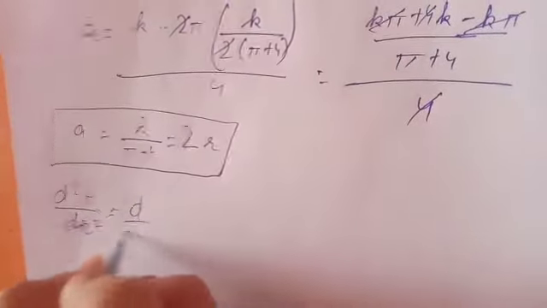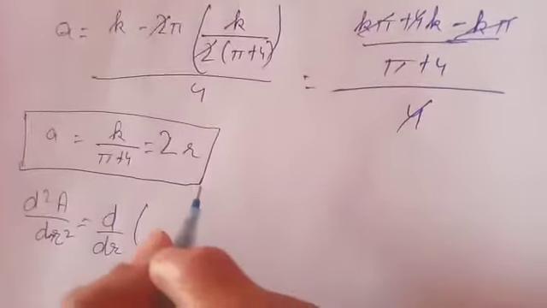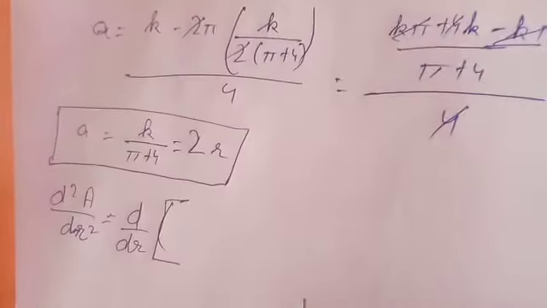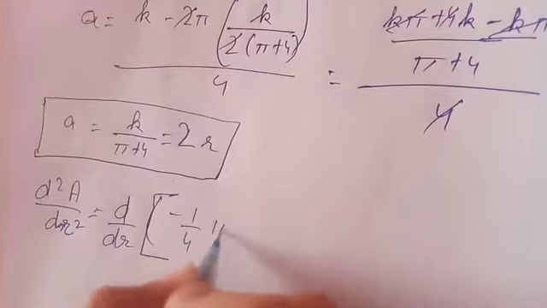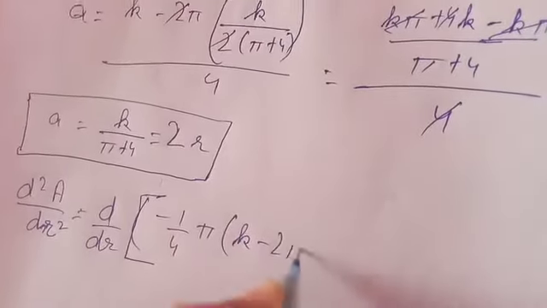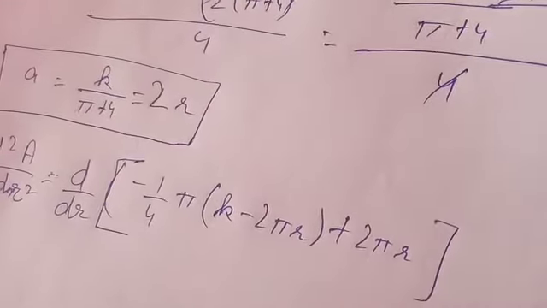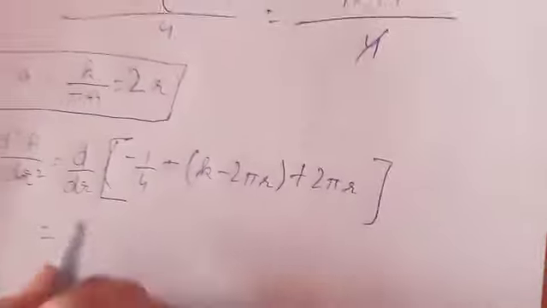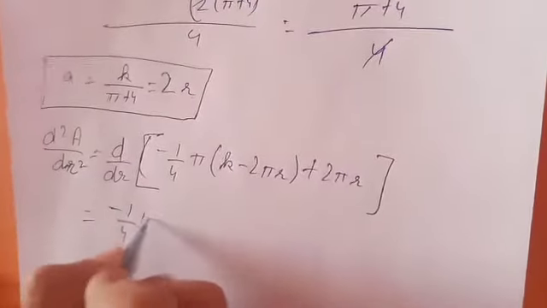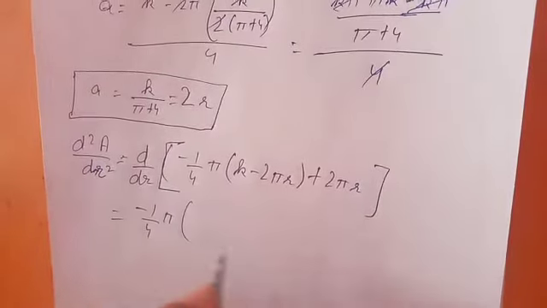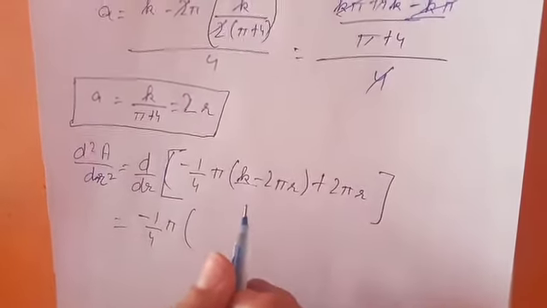That will be d by dr of our first derivative, and our first derivative was minus 1 by 4 pi (k minus 2 pi r) plus 2 pi r. Its differentiation will be minus 1 by 4 pi into the differentiation of k, which will be 0.